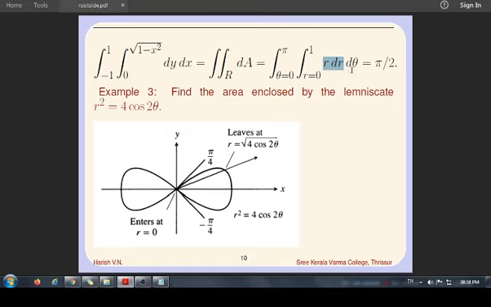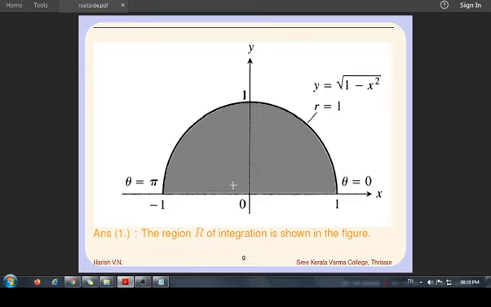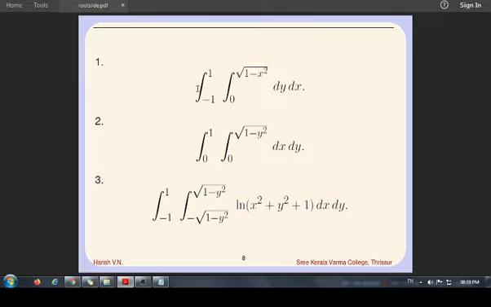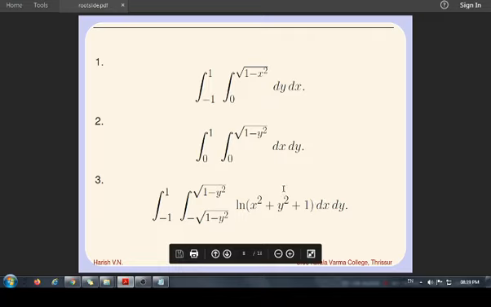So what is that? 1 by 2 theta, where theta varies from 0 to pi. So it is 1 by 2 into pi minus 0. So it is pi by 2. Answer is pi by 2. Hope you understand. So this is the first problem, and the second and third you do as homework.